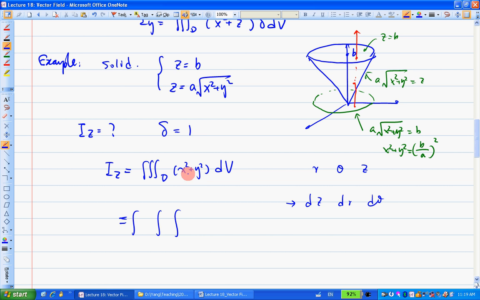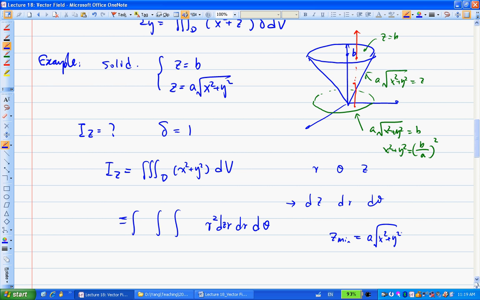In my particular case, it's very simple. x squared plus y squared is r cos theta squared plus r sin theta squared, which gives you r squared. And dV is r dr d theta dz. So that's the setup for dV and for r squared. Then let's put down the limits for z. First contact, z min, is the cone, which is a times the square root of x squared plus y squared.